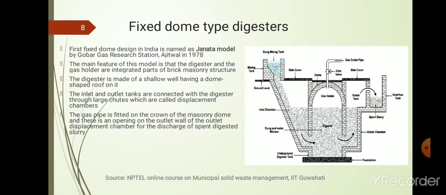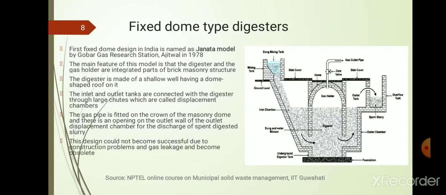The gas pipe is fitted at the crown of the masonry dome, and there is an opening on the outlet displacement chamber for the digester slurry. The slurry is taken out through the right-side outlet chamber, while the gas is taken out through the gas pipe at the top of the dome.